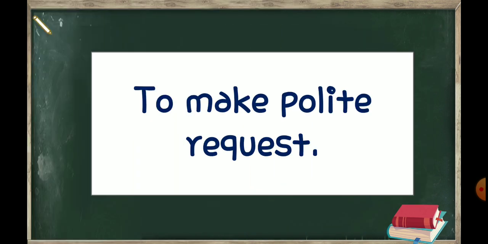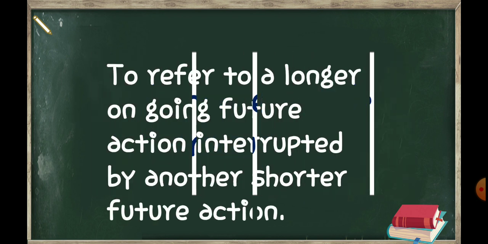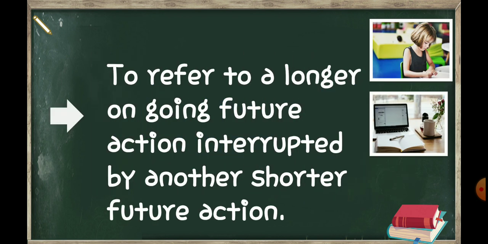Then to make a polite request to someone, we will use this tense. Then to refer to a longer ongoing future action interrupted by another shorter future action. So these are the situations we have discussed today.